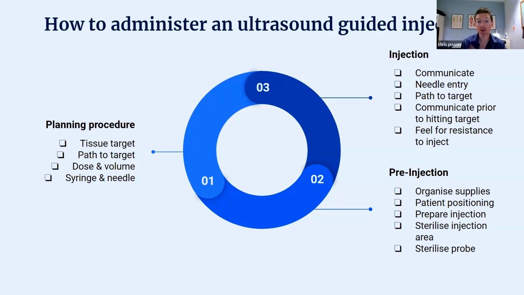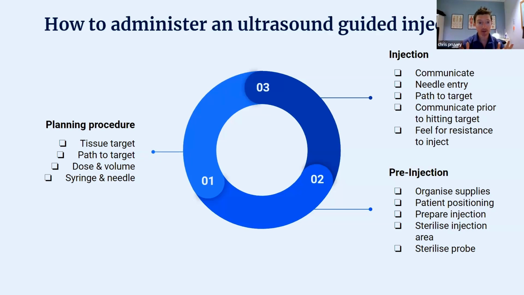So you need to plan where your entry point is going to be, what angle of entry, and the path to the target. Sometimes there are vessels. Very rarely do we need to contend with vessels like nerves or arteries or even veins; you can very easily avoid them. Because for most of the well-evidenced injections, we can come in from an angle away from those structures, but occasionally there are those.